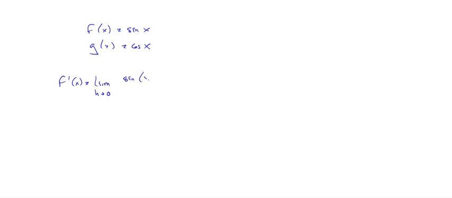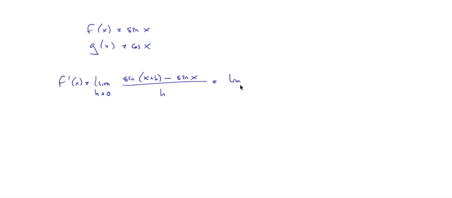Okay, so now let's see other functions. We have the sine and the cosine. Well, what's the derivative of the sine? It is the limit when h goes to 0 of the sine of x plus h minus the sine of x, divided by h.